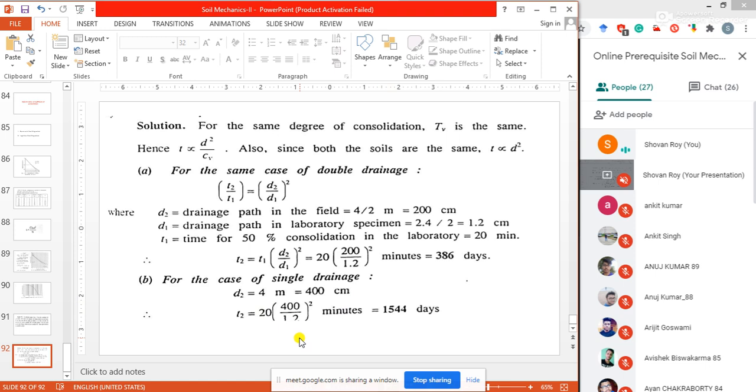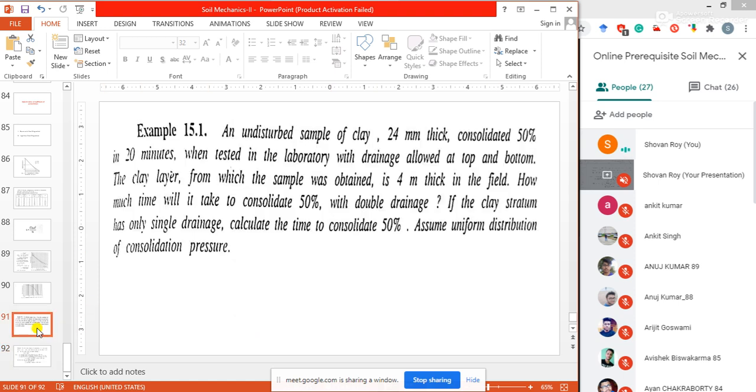So T2 equals 20, our time for 50% consolidation in the laboratory, into 400 by D1. D1 is 1.2 centimeter, because in our laboratory we have taken double drainage, so this value we should take 1.2, and our T2 value is 1544 days. This is the solution of this problem.